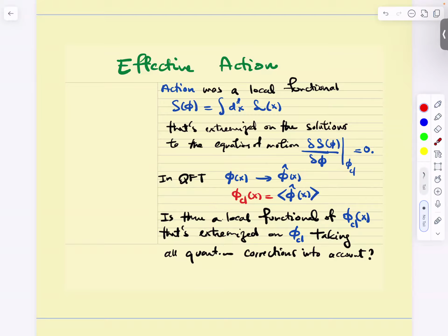Good. Now, here's a question. Is there a functional of phi classical of x that is extremized on phi classical and takes all the corrections into account? Are you following what's going on?